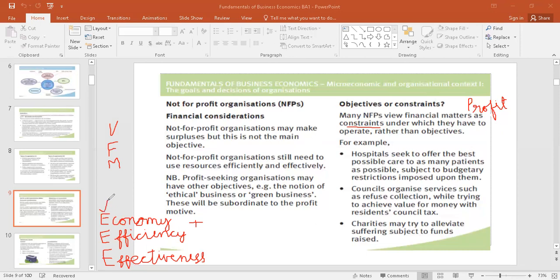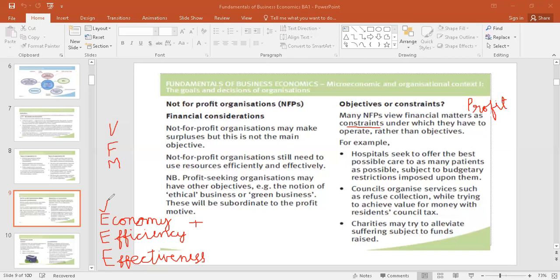where economy talks about they have to take in all possible measures to ensure that costs are incurred according to whatever is set as a limit or criteria which is decided for them. They have to spend according to that.